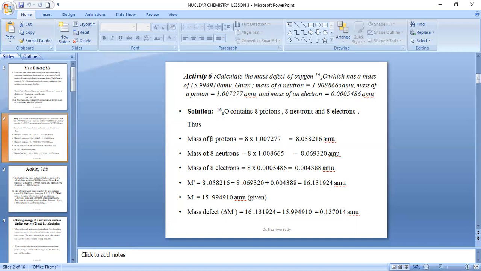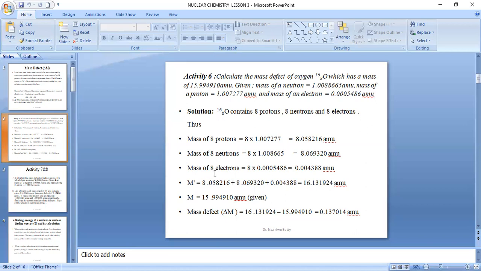Therefore, the mass of 8 protons is equal to 8 times the mass of 1 proton, which is equal to 8.0582116, and the mass of 8 neutrons is equal to 8 times 1.008665, which is equal to 8.06932.